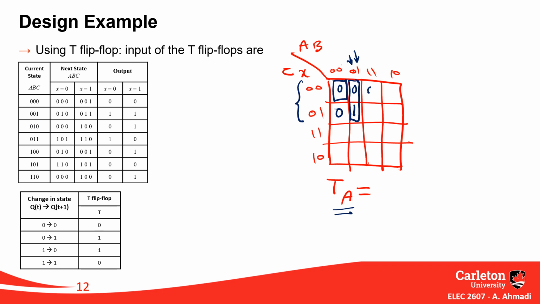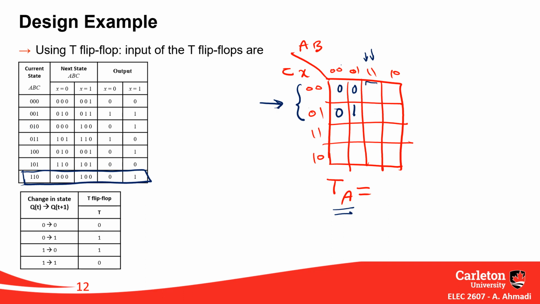Let's do another row of my table. Let's pick this one. From state 1, 1, 0, so 1, 1, 0, these two. We're making transitions to two other states.